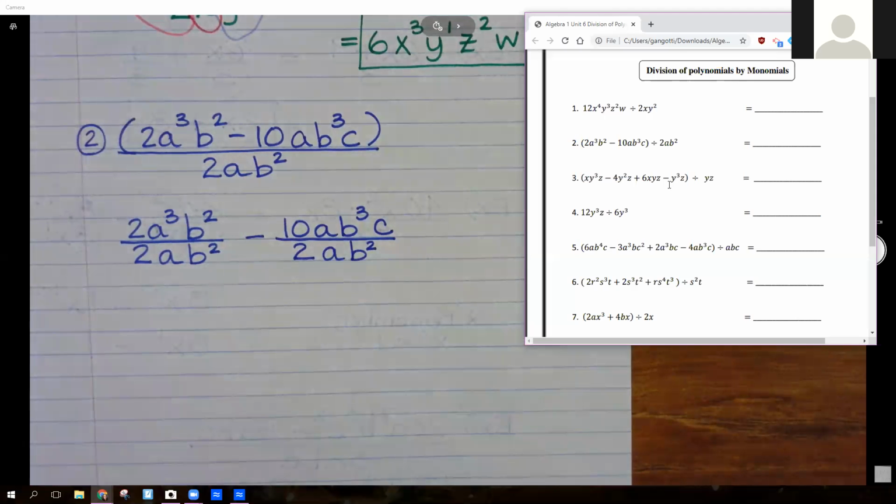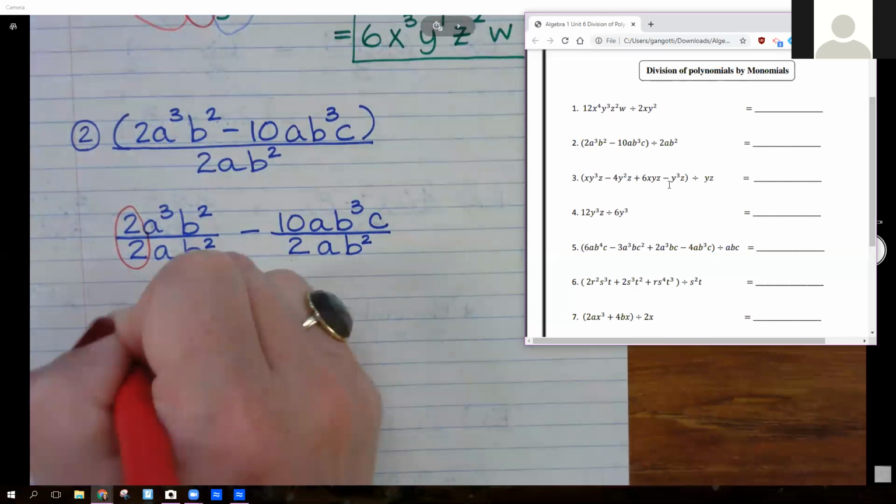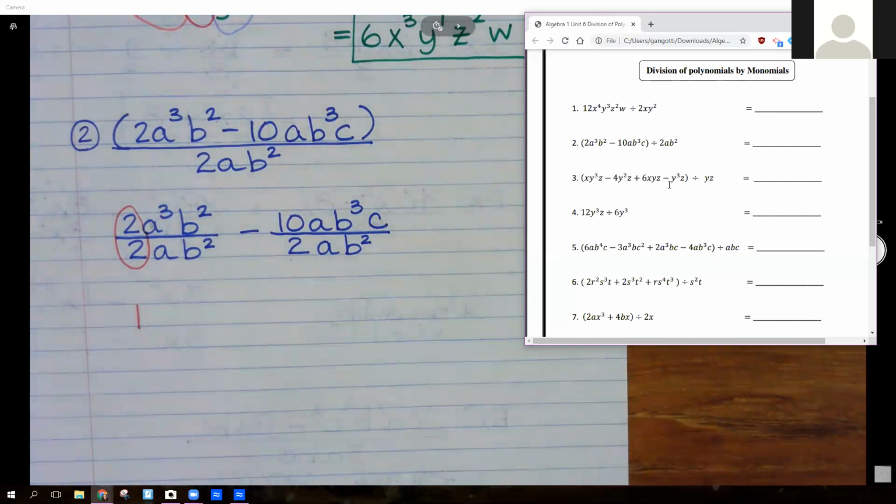So organization is so important for this. Math forces you to be organized. And that's really what we're practicing right now, okay? Organization and being super observant. So now we are going to just simplify like we learned yesterday. We go back to the concept that we learned yesterday. So you're going to do 2 divided by 2, which is 1.